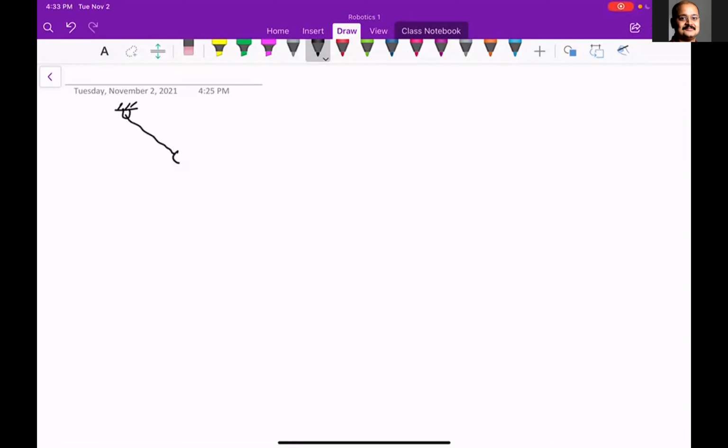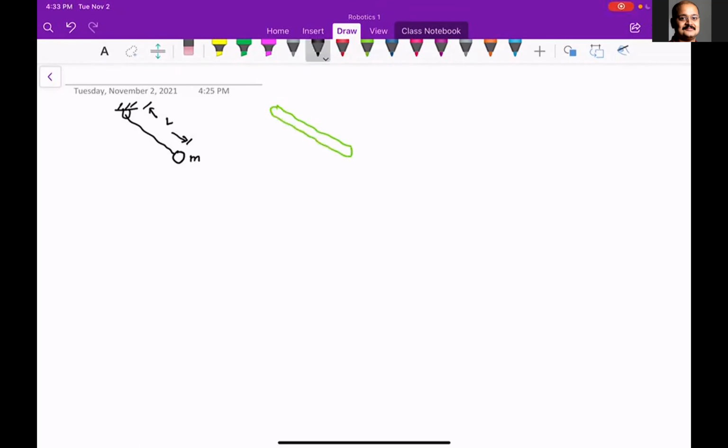The problem that we solved in last class was a mass, and this length was L. So mass was at distance L from the pivot. Now the rod, instead of we assumed it to be massless, I'm going to assume that the rod has some mass and that mass is distributed.